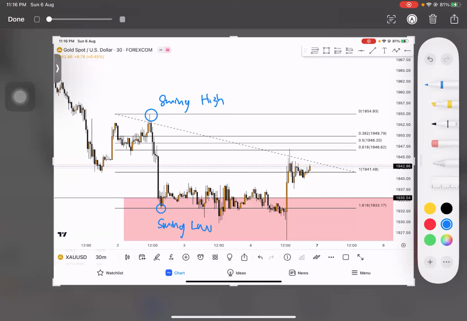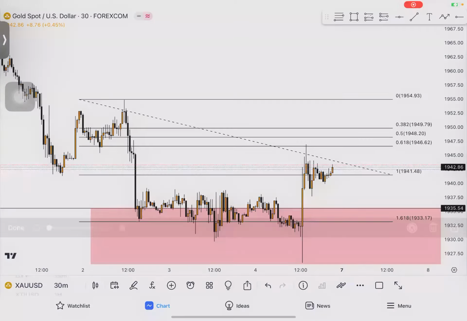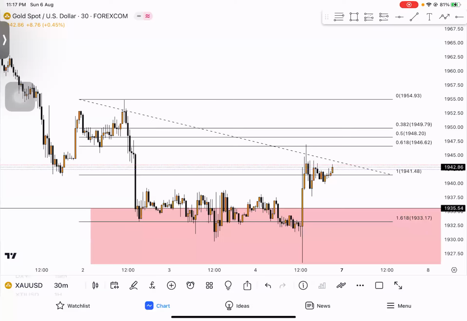Then only take these three levels. These three levels are the high-possibility retracement levels where price usually retraces. If price goes higher than these three levels, most likely the retracement is invalid already.